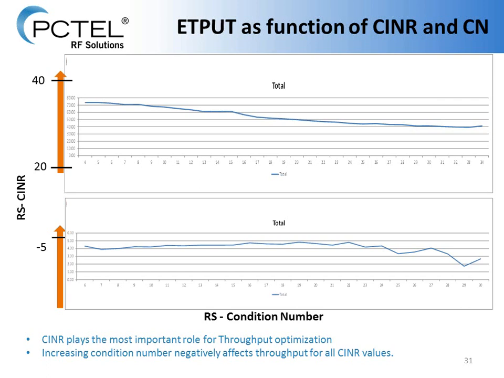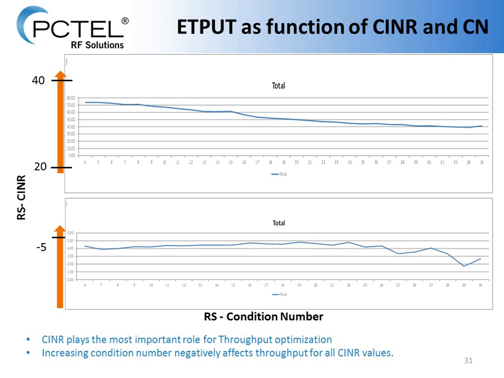So what we're showing you here is we took all the data that we had and we looked at anything above 20 dB of CINR and then looked at the effect of condition number. And as you can see, it's a pretty linear slide all the way from 0 dB all the way up to about 34 dB of condition number. That condition number does affect your MIMO throughput. You're going from about a theoretical maximum of 75 all the way down to about 40 megabits per second with the effect of condition number.